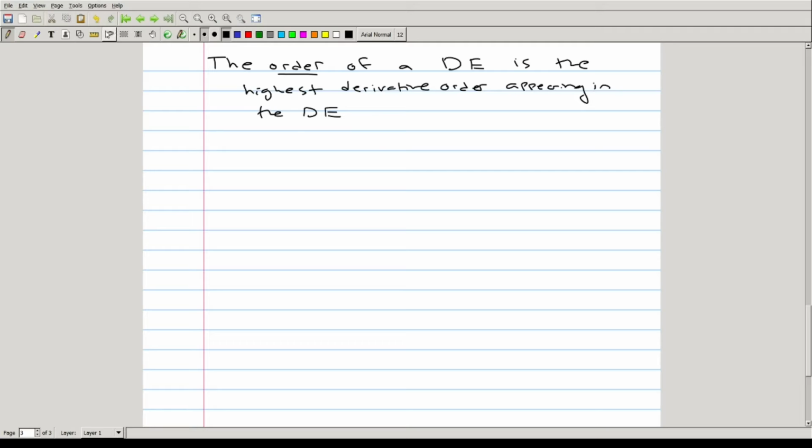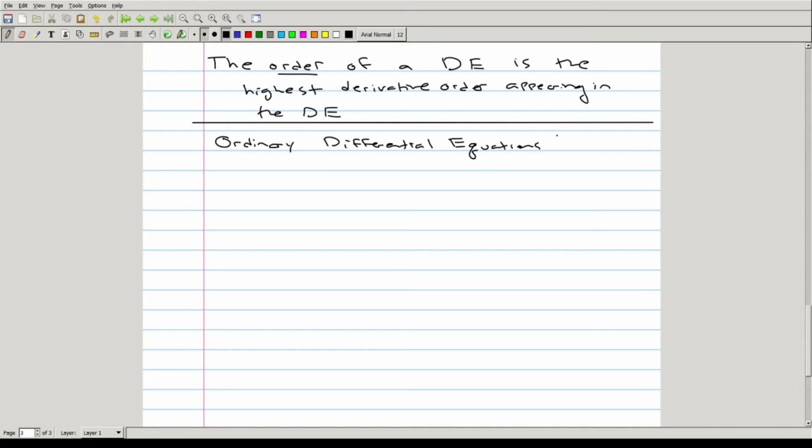So the next thing we should do is talk about ordinary differential equations. These are differential equations with one and only one independent variable.